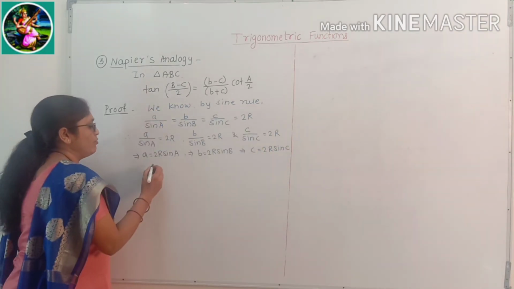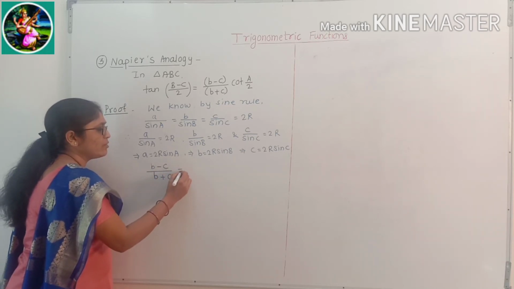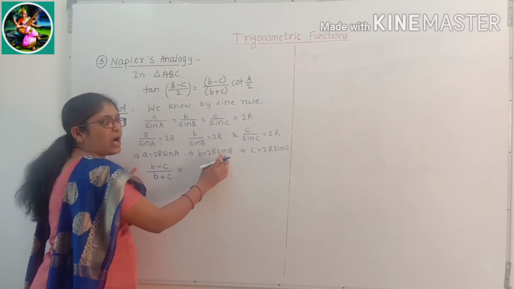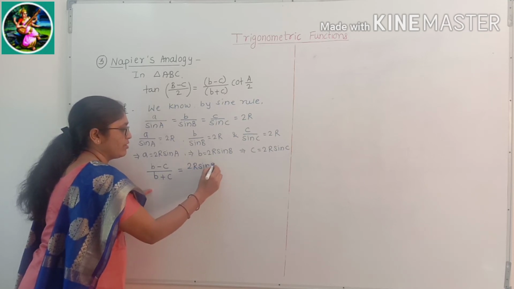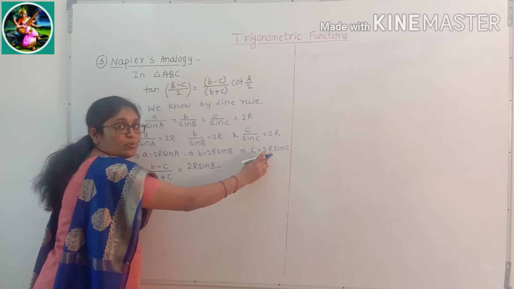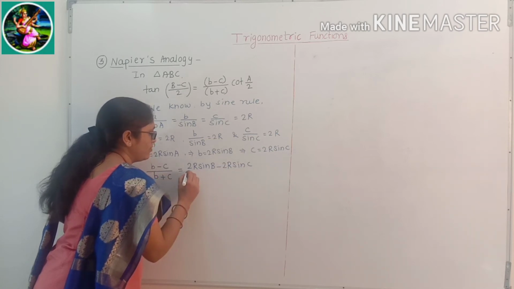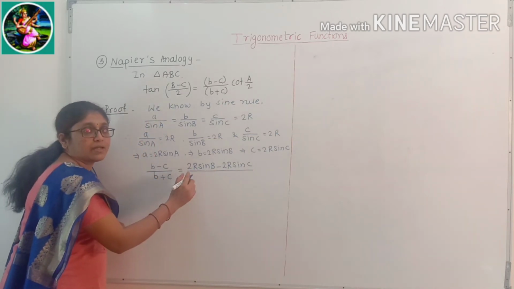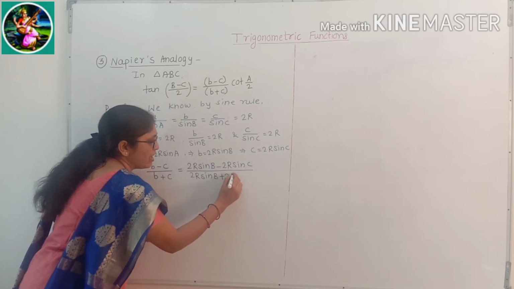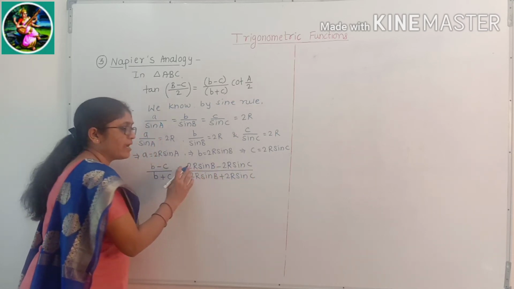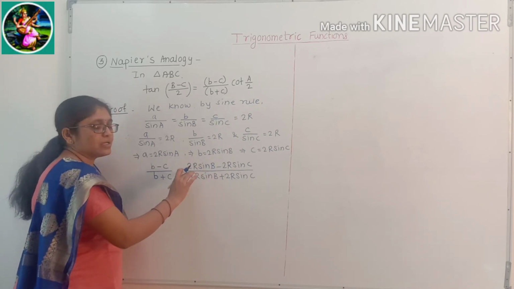Here we consider (B minus C) divided by (B plus C). Here we substitute B is equal to 2R sin B, minus C is equal to 2R sin C, and the same in the denominator, that is 2R sin B plus 2R sin C. Here we take 2R common in the numerator as well as in the denominator and they cancel each other.